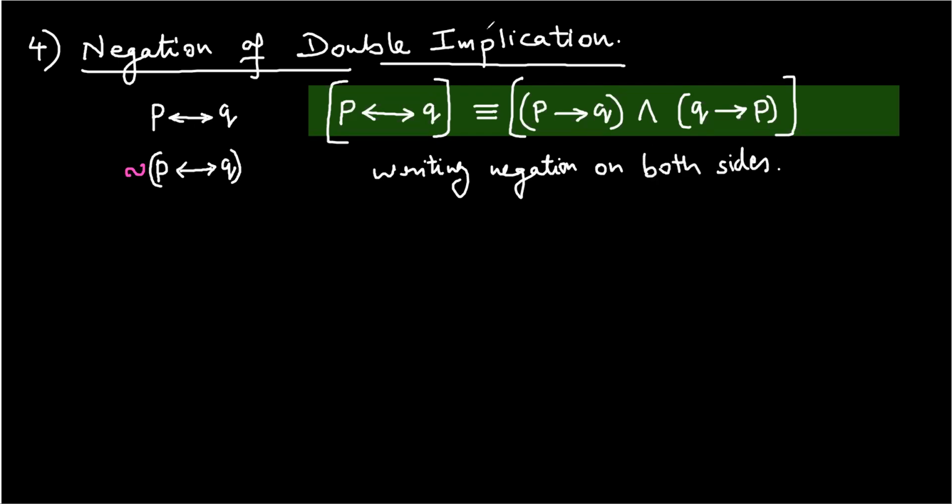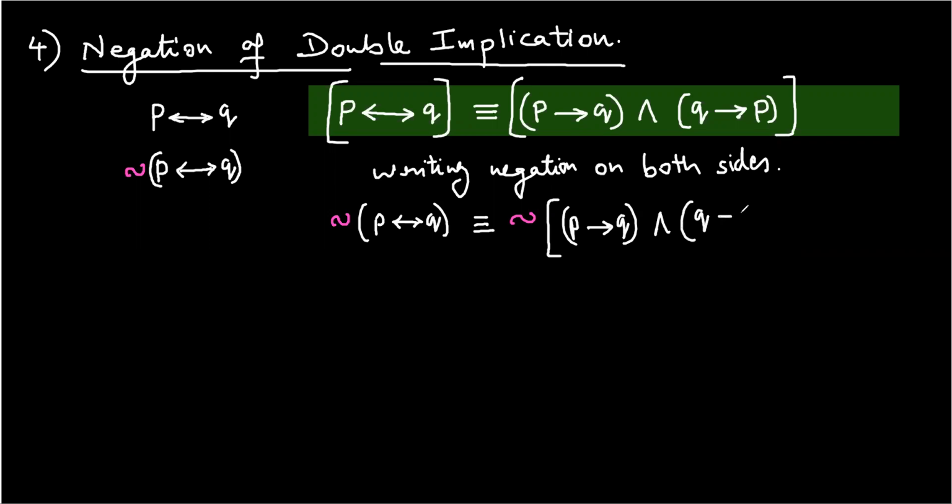So I get negation of P double implication Q equivalent to negation of P implies Q and Q implies P. Okay, now I want you all to follow this.